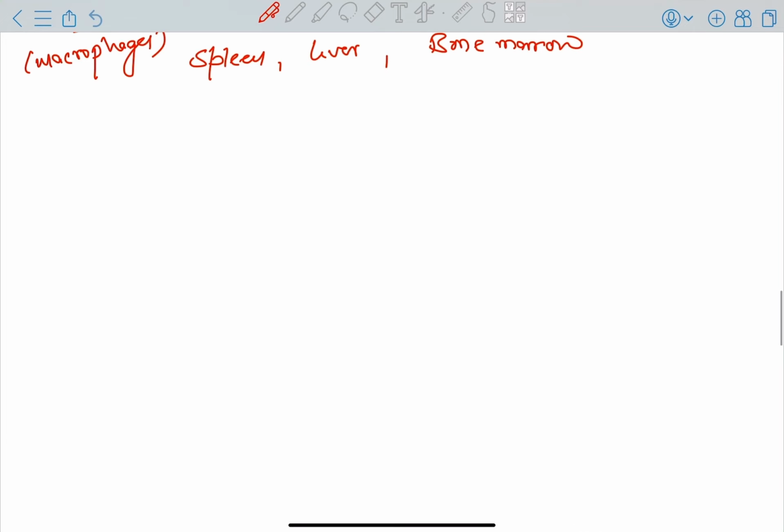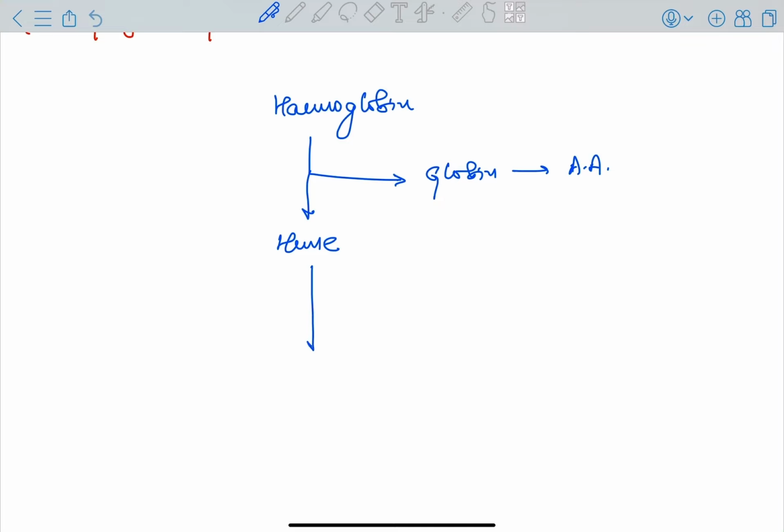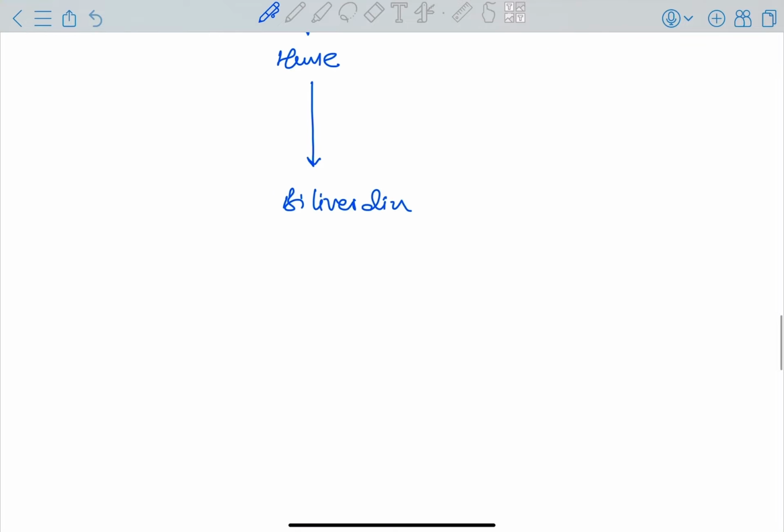What actually happens in the macrophages is hemoglobin. The globin molecule is removed, which is then converted into amino acid and used further, and the heme is removed. The heme is first converted into biliverdin. The biliverdin is then converted into bilirubin.